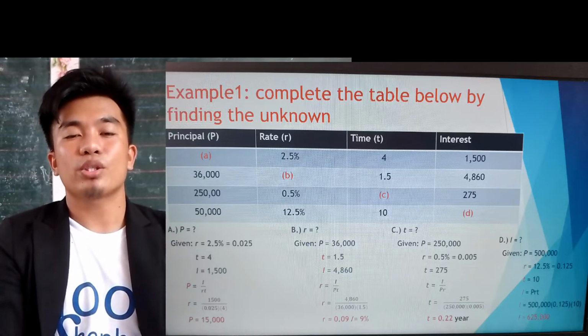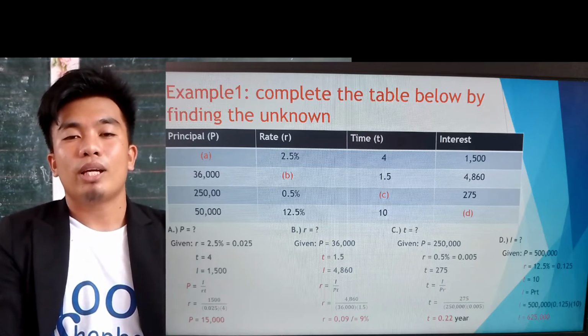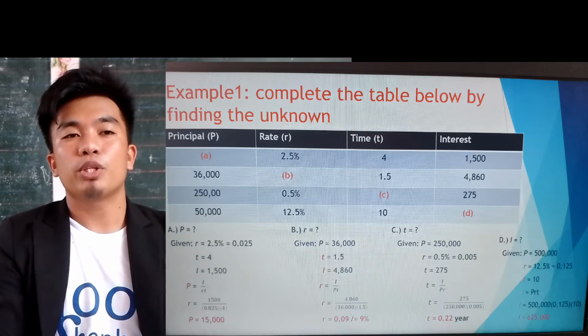And lastly, letter D. We can find the interest. The given is our principal 500,000, our rate 12.5%, which we convert into decimal, 0.125, and our time 10.